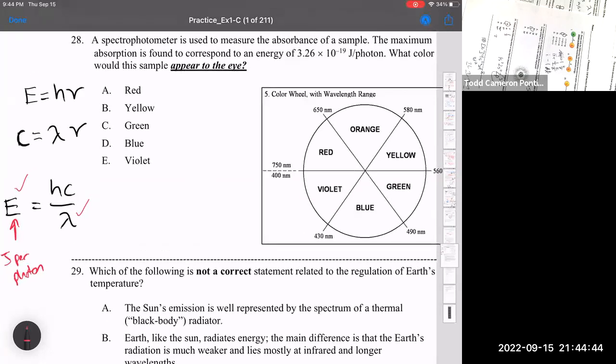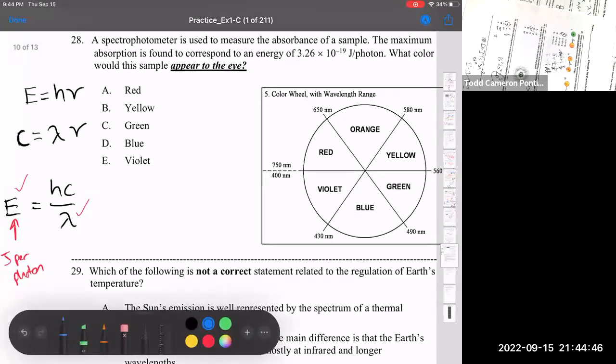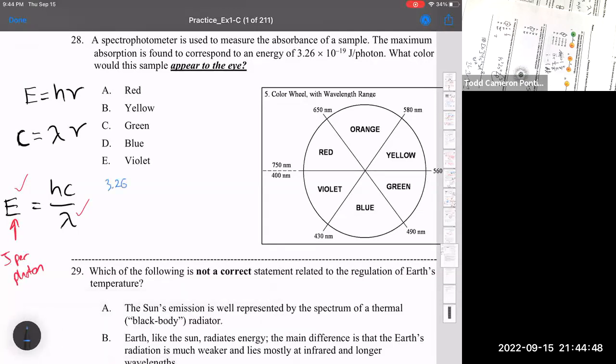So what I'm going to do is plug all this in. 3.26 times 10 to the negative 19th joules is equal to Planck's constant, 6.63 times 10 to the negative 34th joule seconds, times the speed of light, 3 times 10 to the 8th meters per second, over lambda. And lambda is what we're solving for.